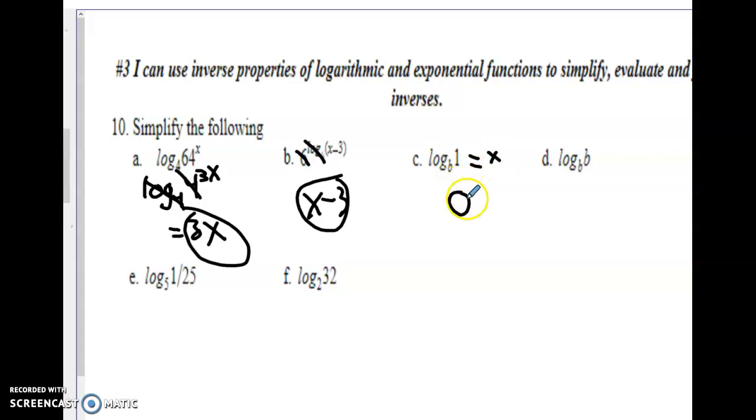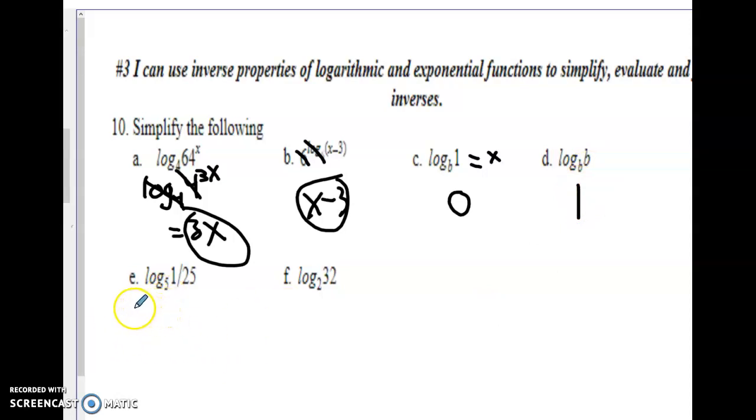Well, the only way that would happen is if that number is 0. So the power would be 0. So the log any base of 1 is just going to be 0. This one you should recognize, but log base b of b would cancel out to just 1. So your answer is just 1.